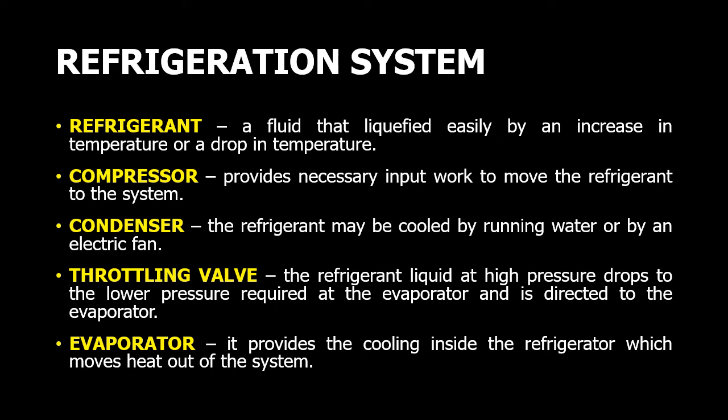Next, we have the condenser, where the refrigerant may be cooled by running water or by an electric fan. Next, we have the throttling valve, in which the refrigerant liquid at high pressure drops to the lower pressure required at the evaporator and is directed to the evaporator. And lastly, the evaporator, which provides the cooling inside the refrigerator, which moves heat out of the system.